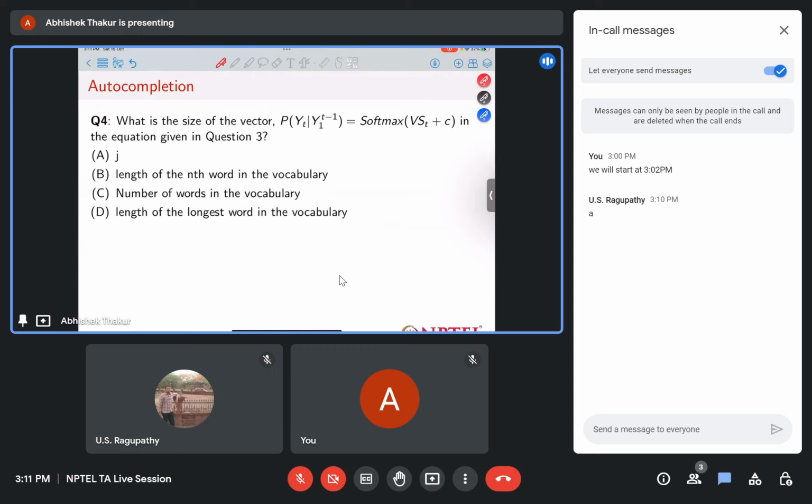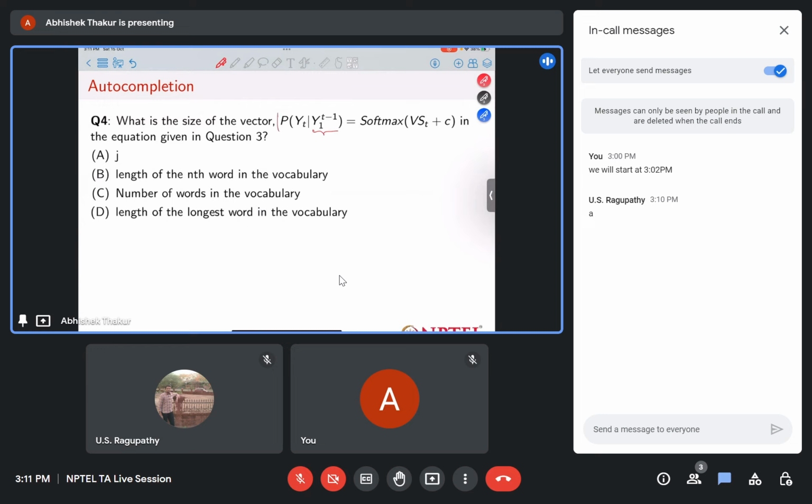What is the size of the vector of the probability of the word at the t timestamp, given the previous words up to the t minus 1 timestamp?